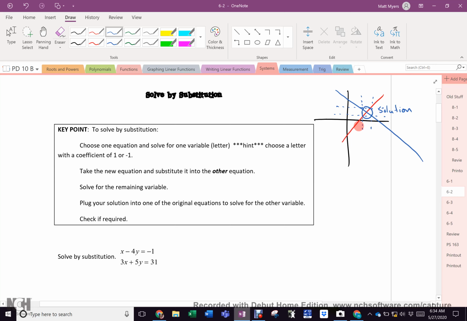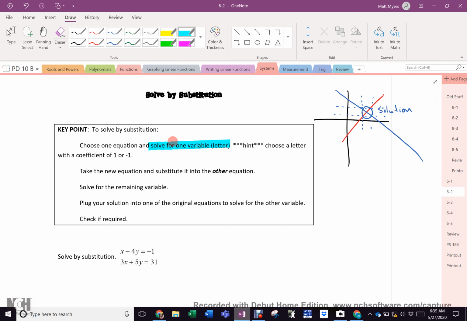So here we go. I'm going to use a different color for each step, and it'll help sort your work out. So here they all are. Choose one equation and solve for one variable. Now, when I say solve for a variable, it's always the same thing from every kid.